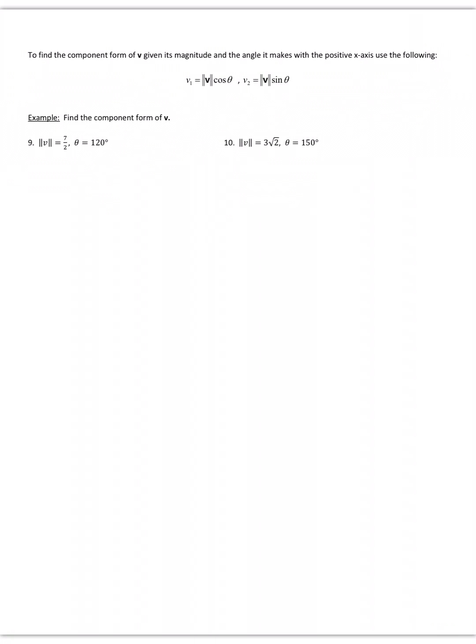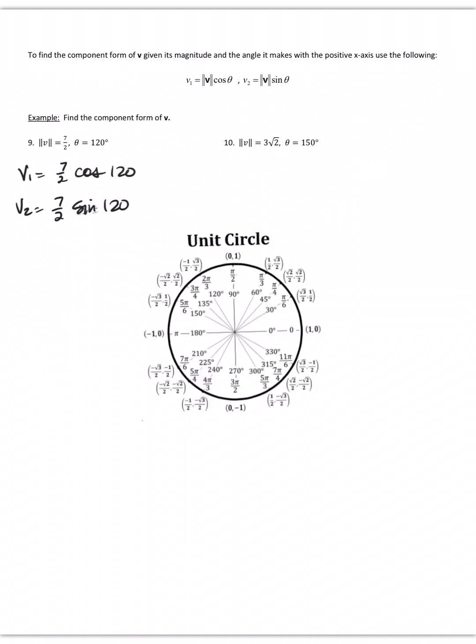Number 9 here, okay? So for v1, I'm going to take 7/2 times the cosine of 120. And for v2, I'm going to take 7/2 times sine of 120, right? All right, so I'm going to bring in my old unit circle again. Maybe you have it memorized.